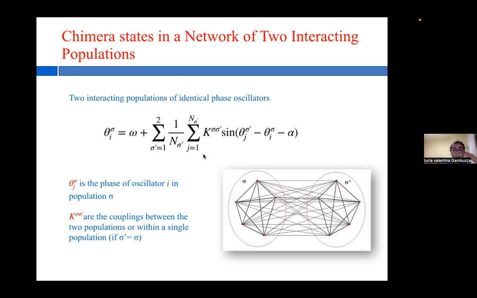And we have a coupling, which in this case is not a kernel function but just a number, with different weights of the strength. So K_sigma sigma' represents the coupling between the two populations, or the coupling inside each population between the nodes.